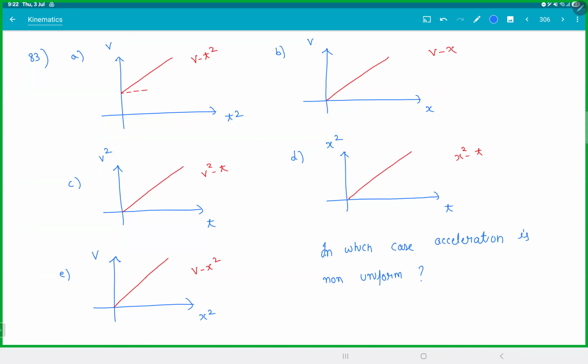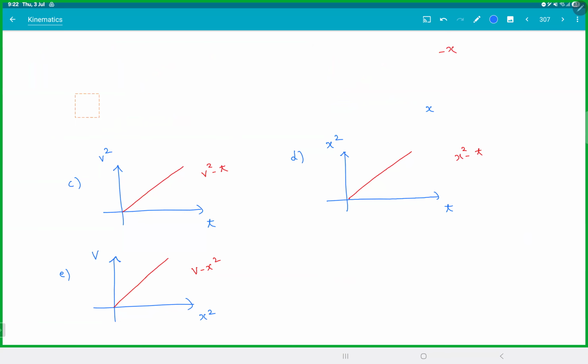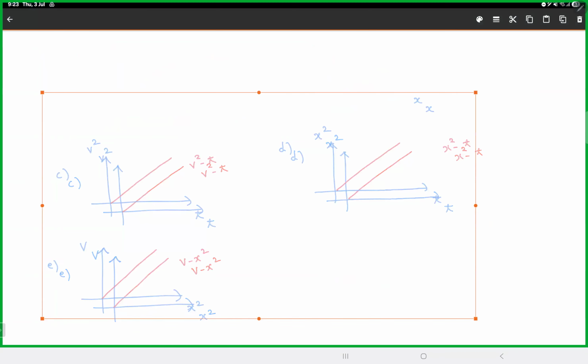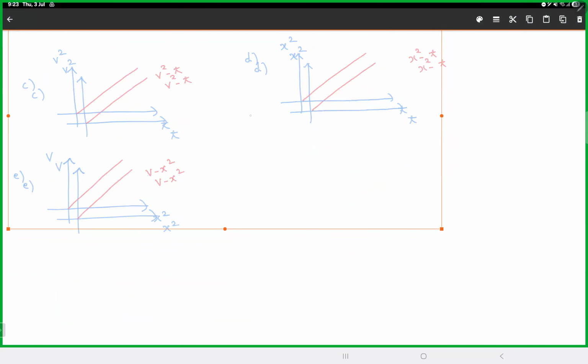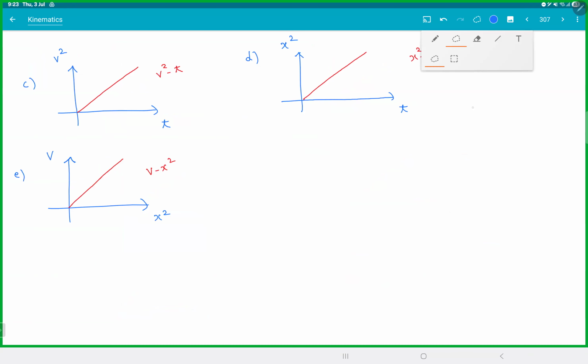Yeah, I also think all are non-uniform. So for C, it is v square is equal to kt.